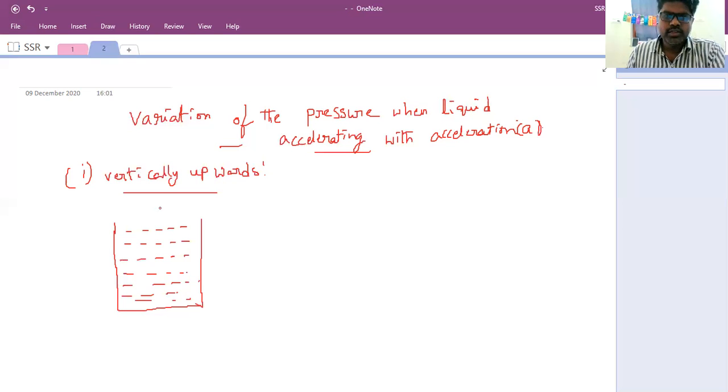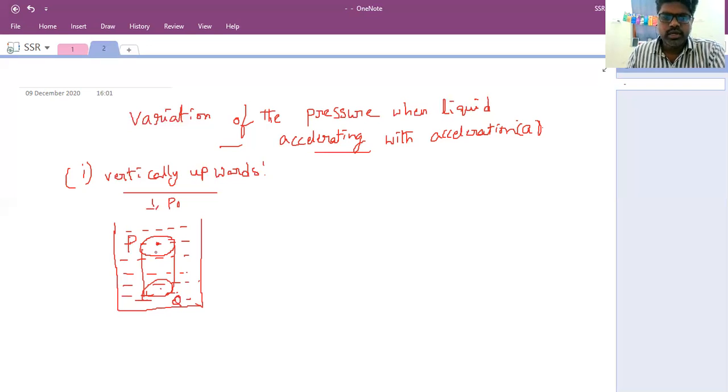Above, the pressure is common, P naught, atmospheric pressure, is acting. In this, let us imagine a cylindrical column of liquid, an imaginary cylindrical column of liquid. Above, let us say point P at the center of the surface. Below, let us say point Q.